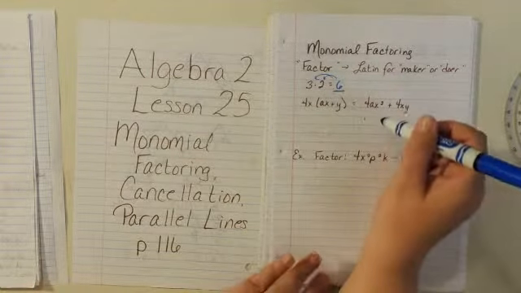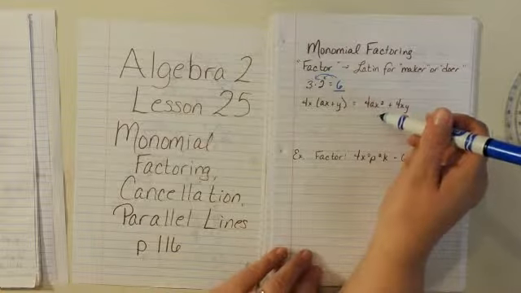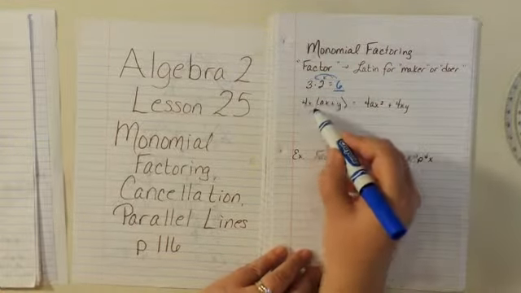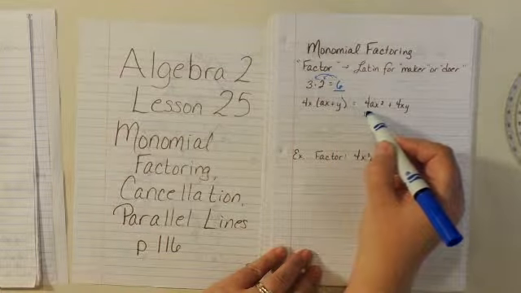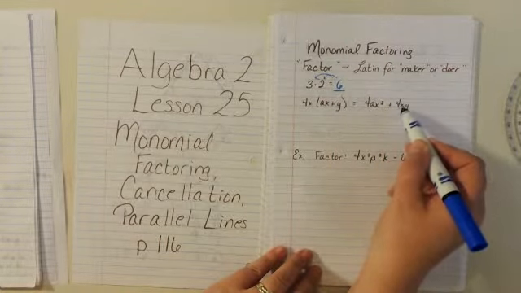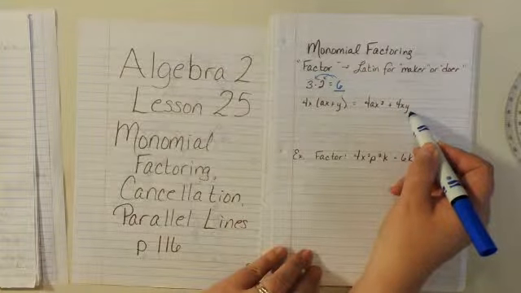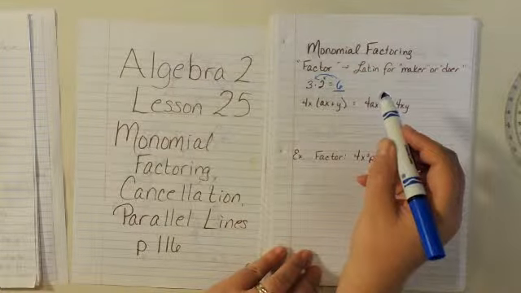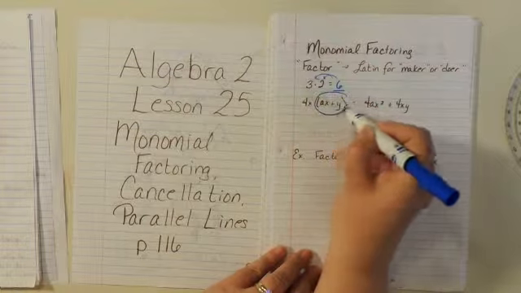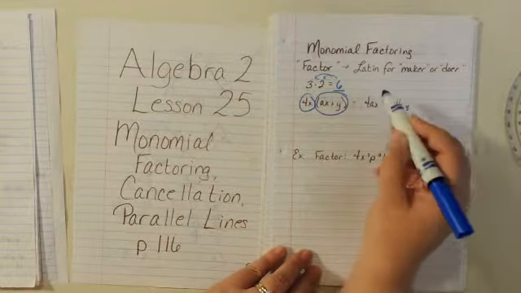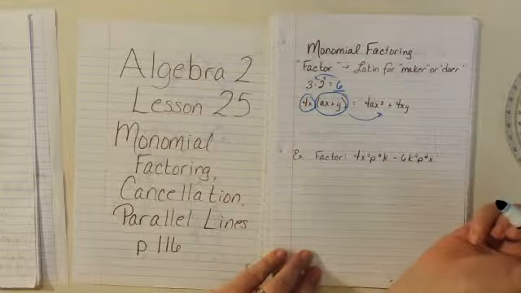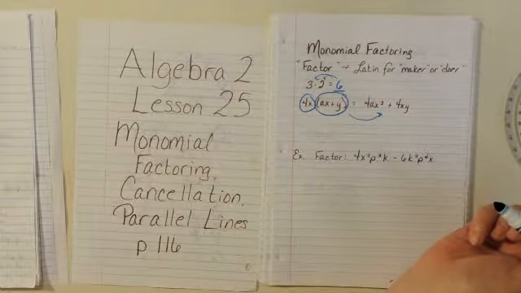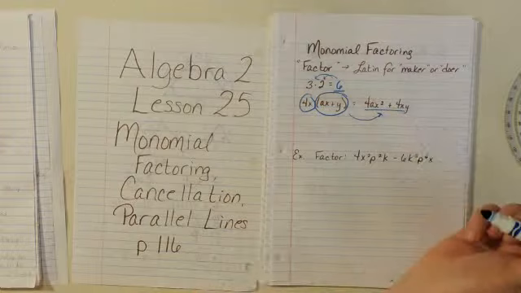Okay? Here's a more complicated expression. If we multiply 4x times the quantity ax plus y, we're going to get 4ax squared plus 4xy. And therefore, these two terms are factors of this sum, or this expression.